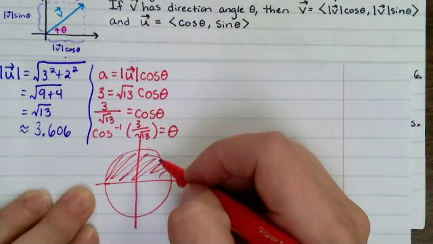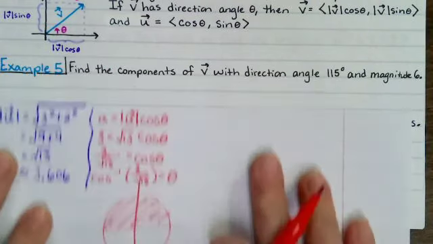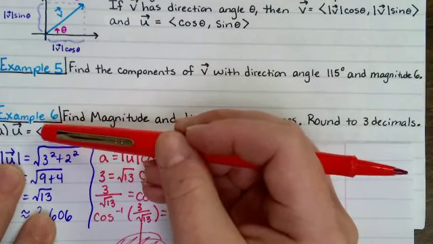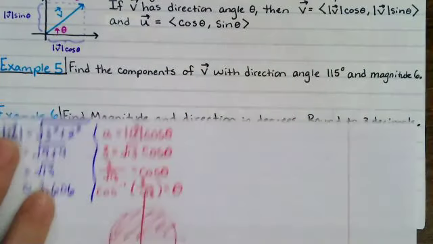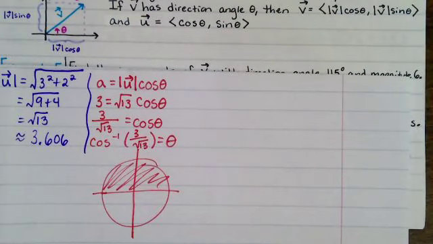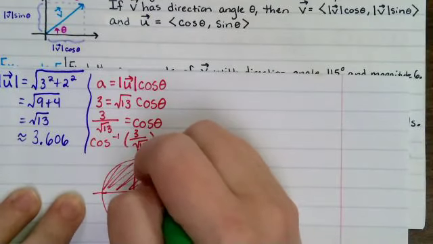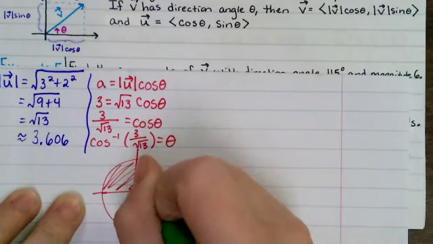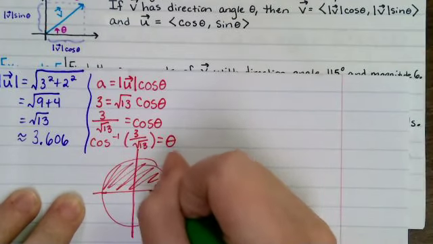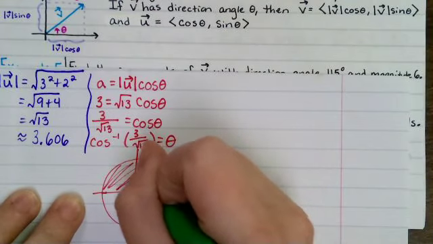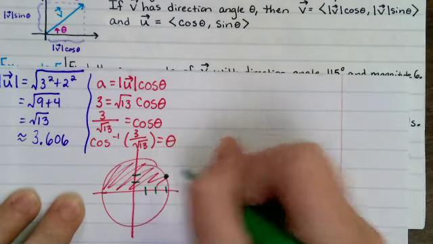One thing to note: you notice how this is the vector 3, 2? That means the vector 3, 2 is located, let's see, 1, 2, 3 like this, 1, 2, something like that.